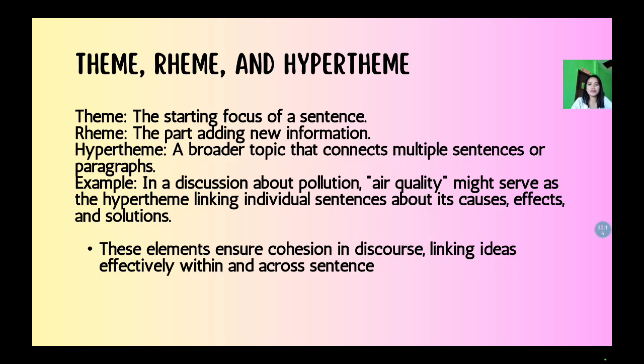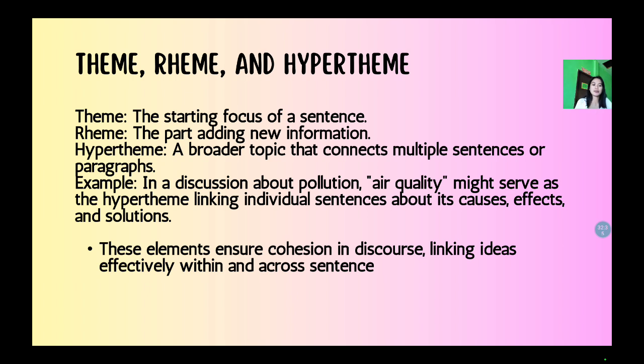So, theme, rheme, and hypertheme. Theme is the starting focus of the sentence. Rheme is the part adding information, and the hypertheme is a broader topic that connects multiple sentences or paragraphs.